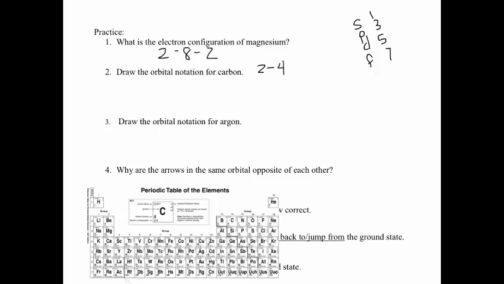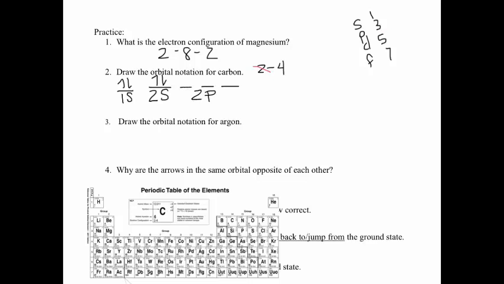All right, so we're going to start with the first principal energy level, which we always start with S, which has one orbital or one horizontal line and can hold 2 electrons. We're done with the first. Now we're going to do the second, always start with S, one orbital can hold 2 electrons. But we're not done because we still have 2 more electrons to place. So we move on to P, which has 3 orbitals.